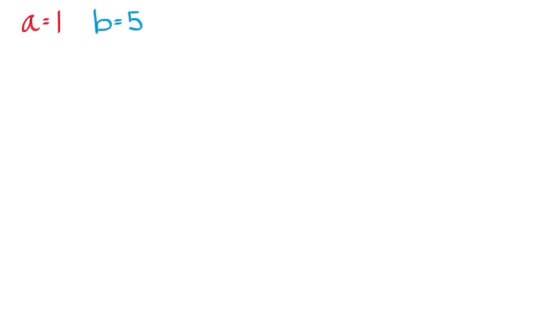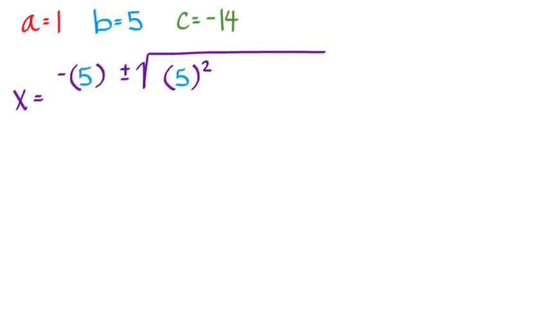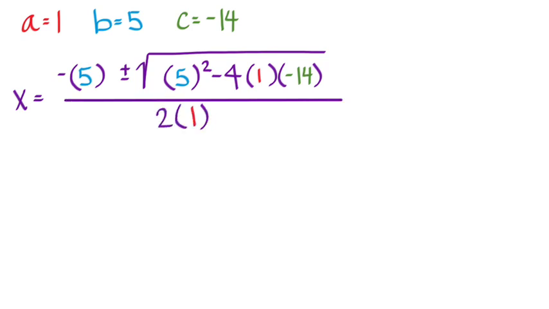So I do that, reminding myself what my a, b, and c are. And I'm going to have negative b, which is 5, plus or minus the square root of b, which is 5 squared, minus 4 times a, which is 1, times c, which is negative 14, all over 2 times a, which is 1.